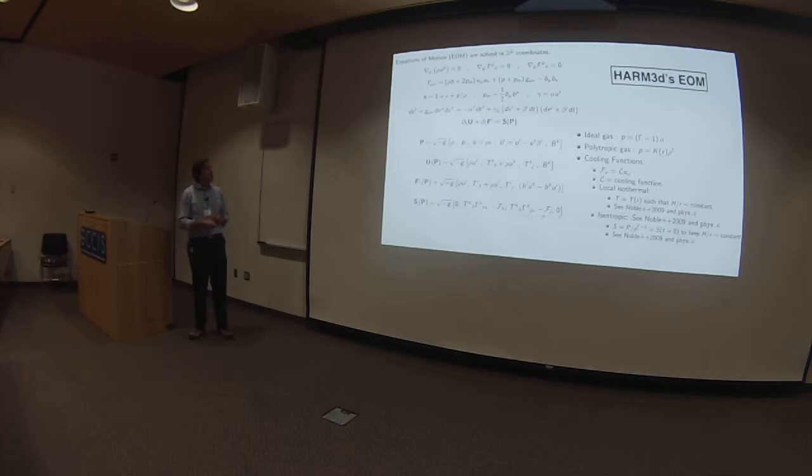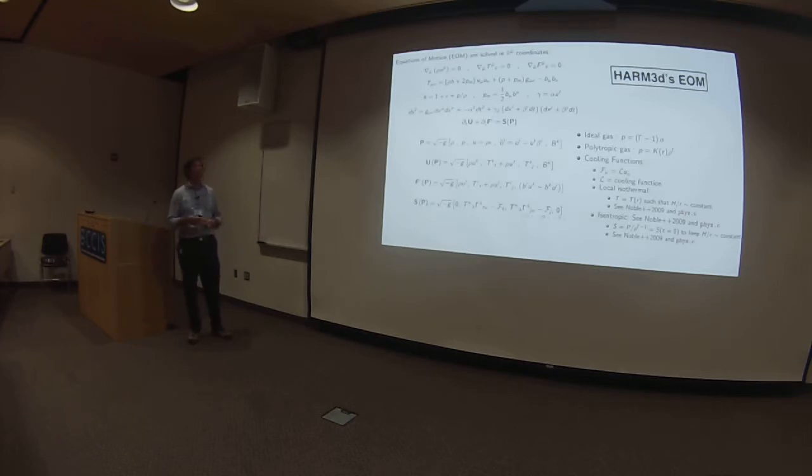So these are the equations that we solve. It's not a 3+1 Valencia formulation. It is just a 4D formulation. But we do break down. We use some sort of space-like hypersurfaces, but we don't use the same 3+1 language inside the code.